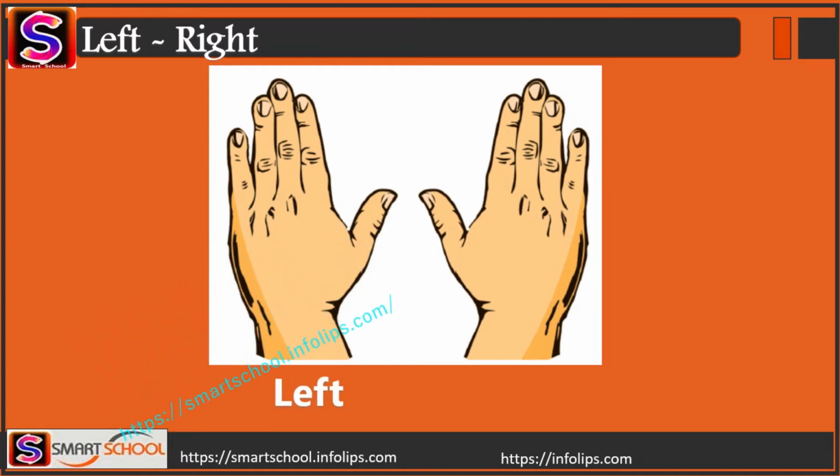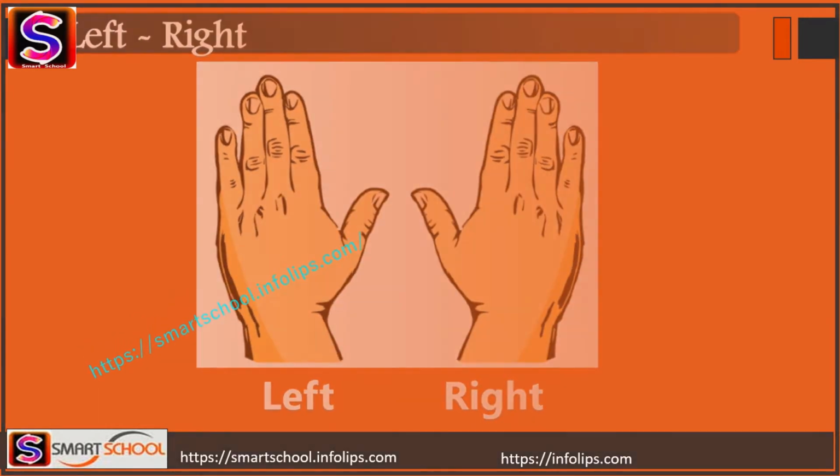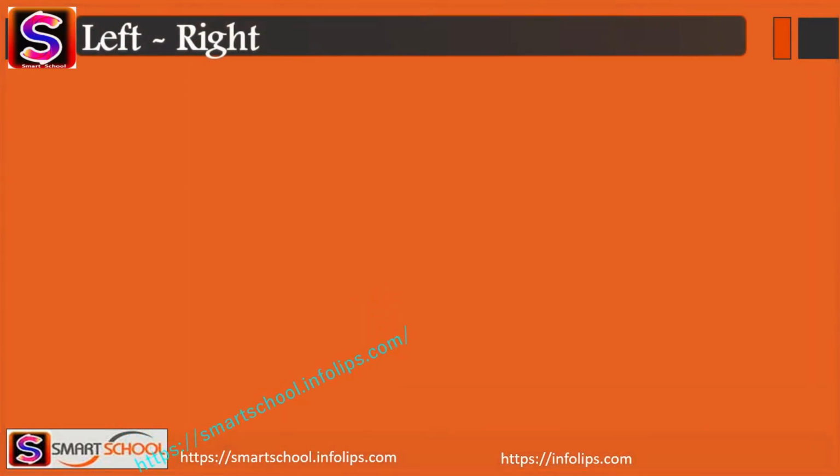So see here, this is left hand and this is right. But if you don't know how to identify, I have a trick, so you will easily identify which one is your left hand and which one is your right hand. So let's see that trick.